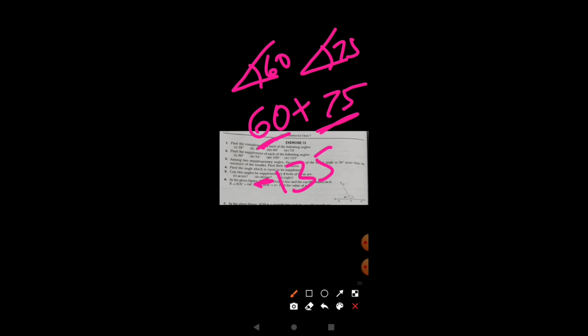And if both are right angles, so both are of 90 degrees, so 90 plus 90 will be equal to 180 degrees. So yes. And one condition is not given here, I am telling you: if one is acute and one is obtuse and their sum is 180 degrees, then we can say that these are supplementary angles.